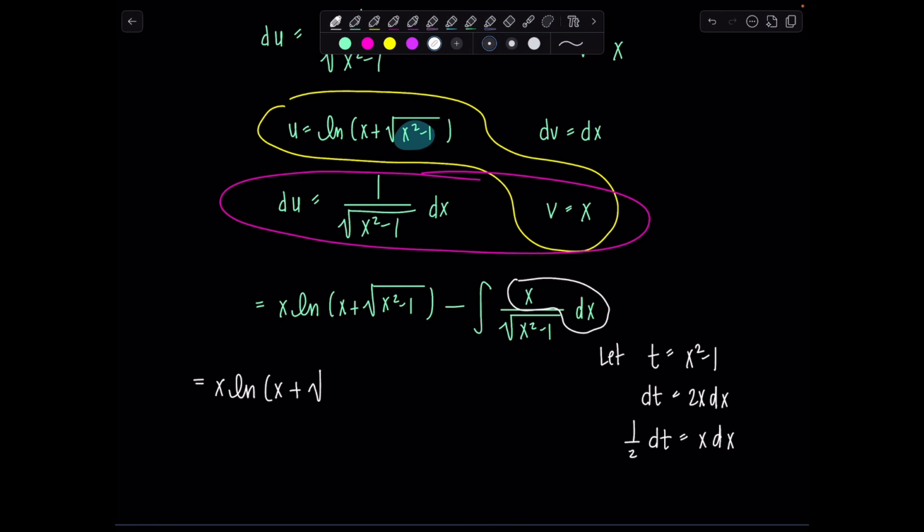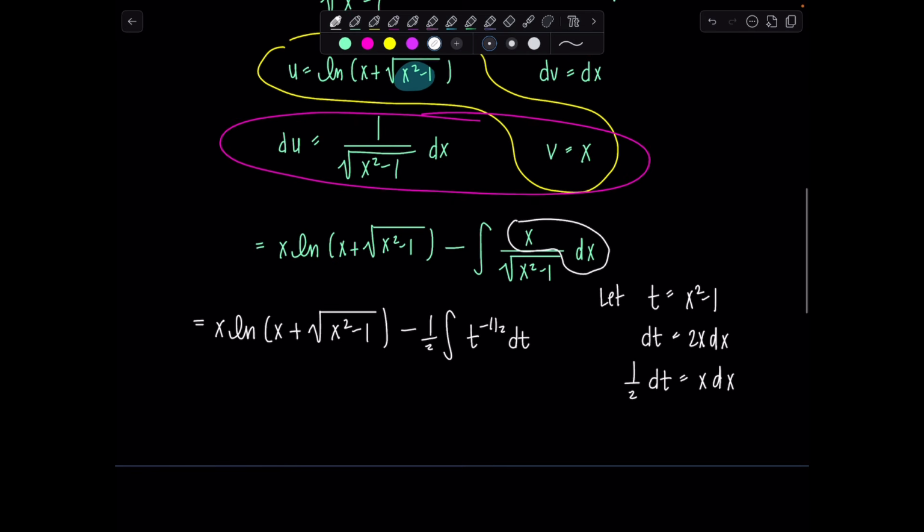Okay, so we can write this as x natural log of x plus square root x squared minus 1 minus 1/2 integral. I have square root of t in the denominator, so that's t to the negative 1/2, and then dt. Perfect. So this is now x ln of x plus square root x squared minus 1 minus 1/2 times, add 1 to the exponent, divide by the new exponent, and put your plus c.